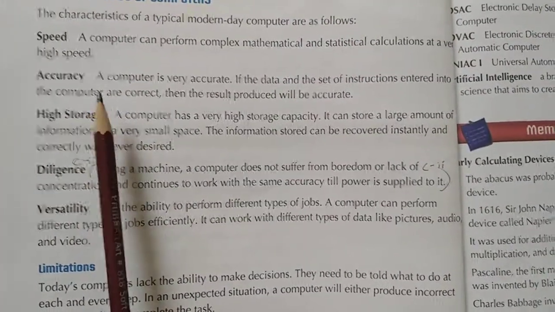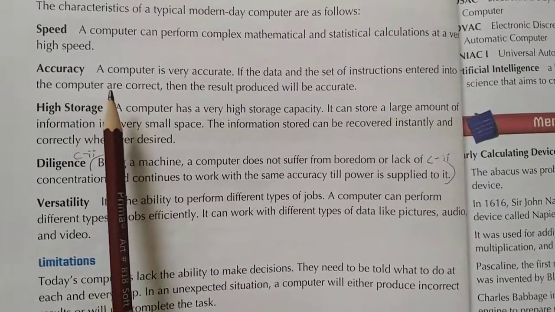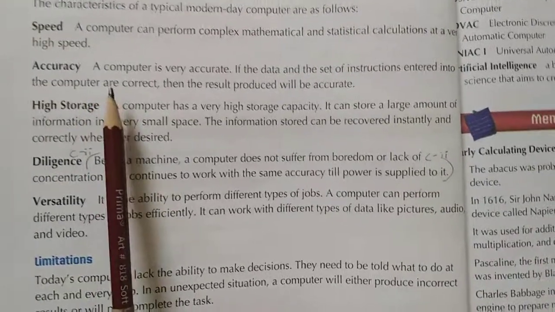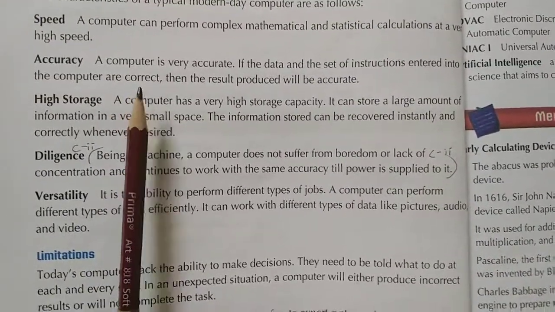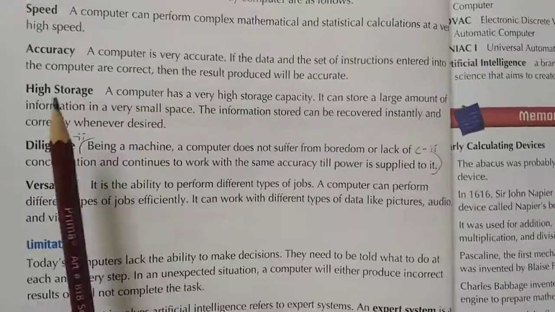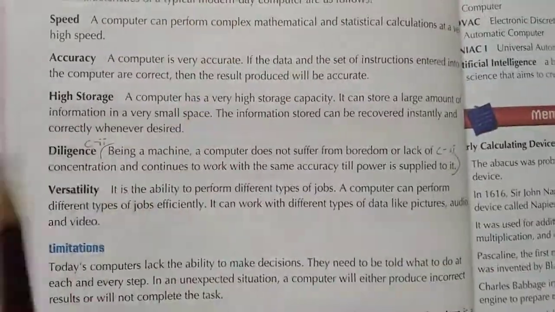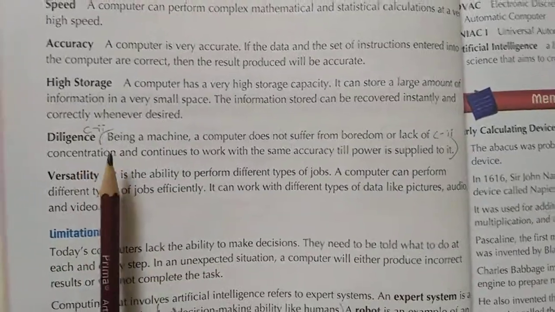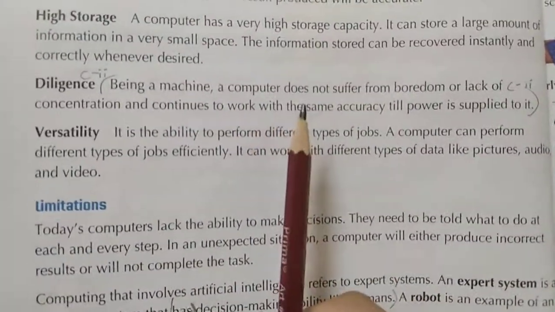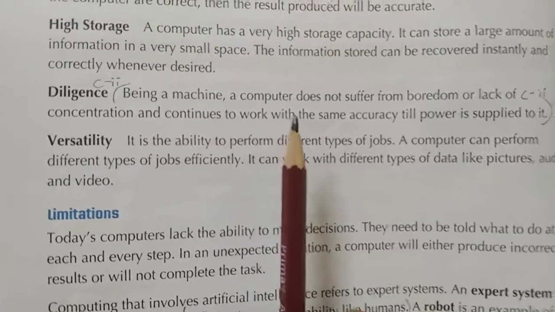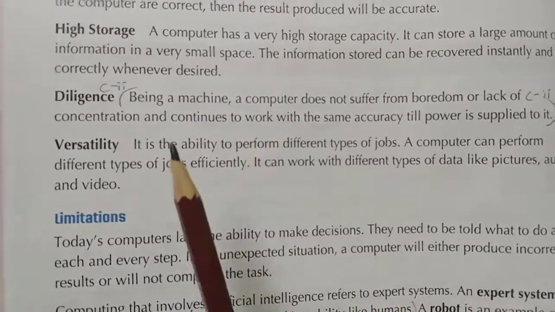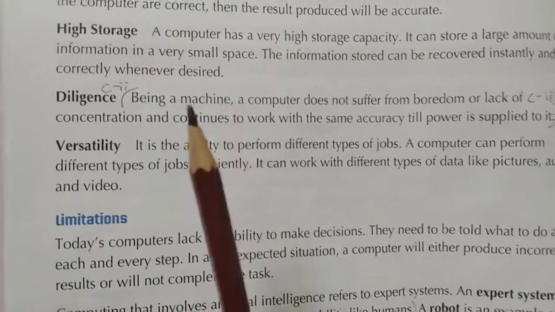It can perform very large calculations in very less time. It has accuracy, meaning it produces correct results. It can never produce any error or wrong results. High storage means it can store a large amount of data.